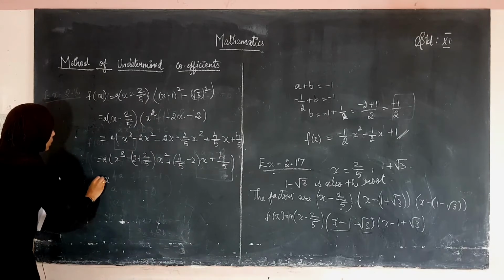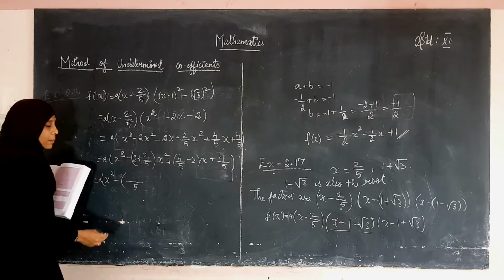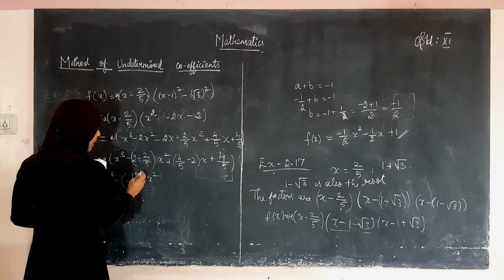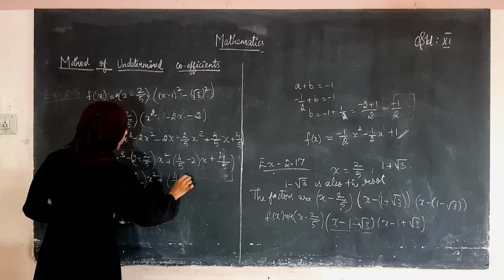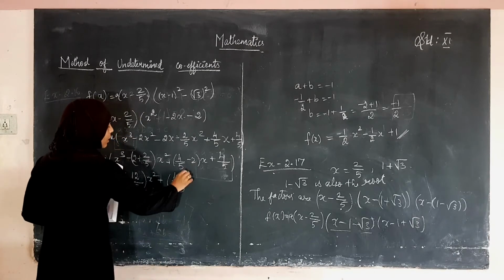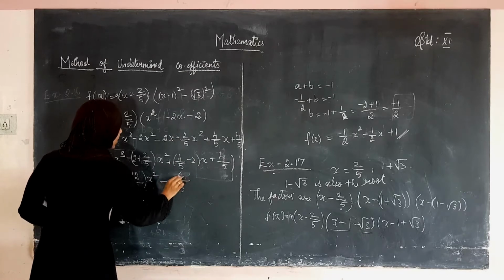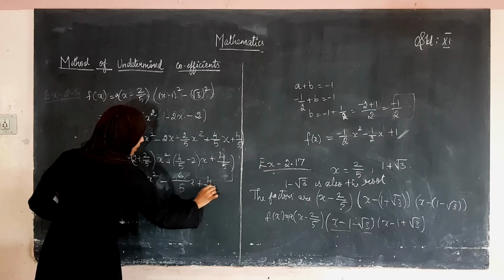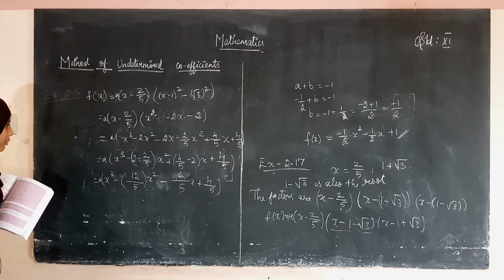So a into x cube minus, taking the LCM 5, 5 twos are 10, 10 plus 2 is 12, so 12 divided by 5 into x squared, plus, taking the LCM 5, 4 minus 5 twos is 10, 4 minus 10 is minus 6. So here it becomes minus 6 divided by 5 into x plus 4 divided by 5.